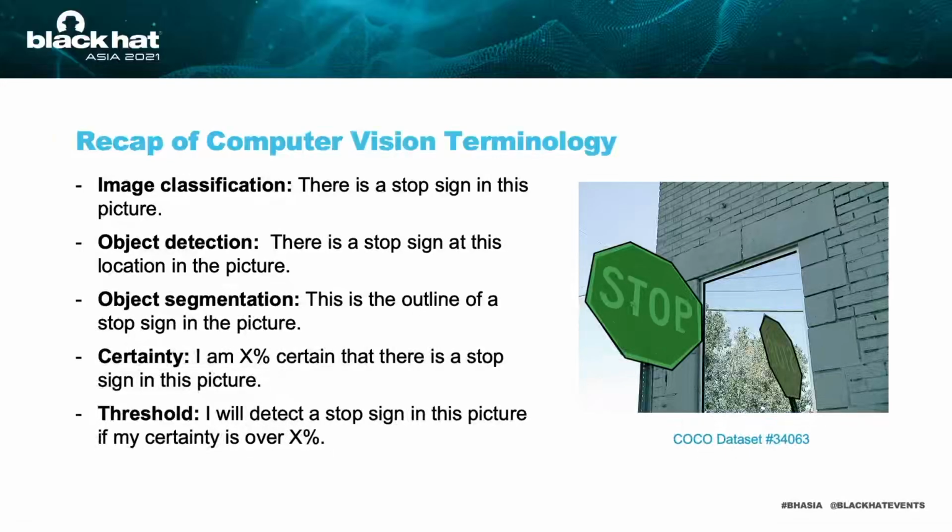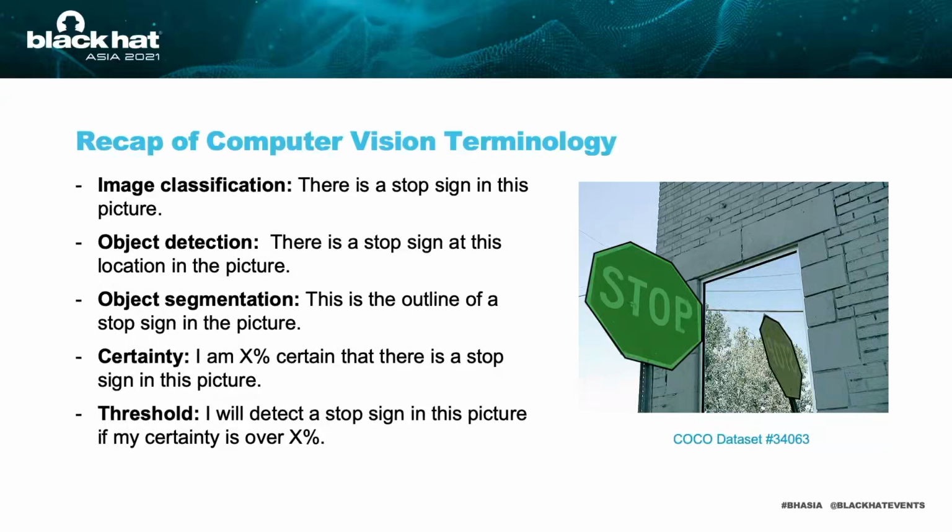Let me give you a very simplified recap of computer vision technology. Image classification says there is a stop sign in this picture, and object detection says there is a stop sign at this location in this picture. Object segmentation says this is the outline of the stop sign in the picture.